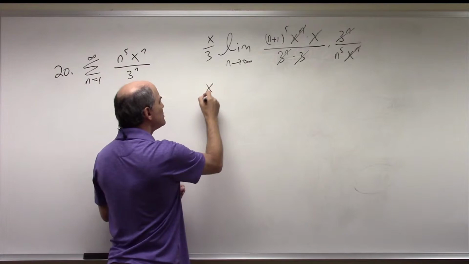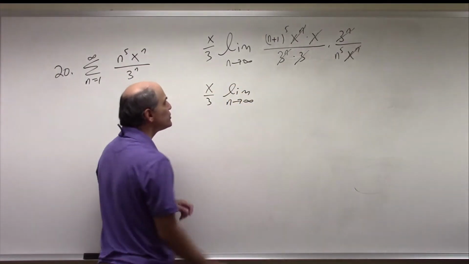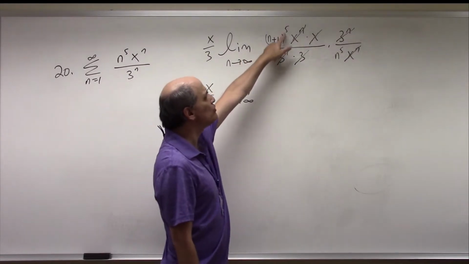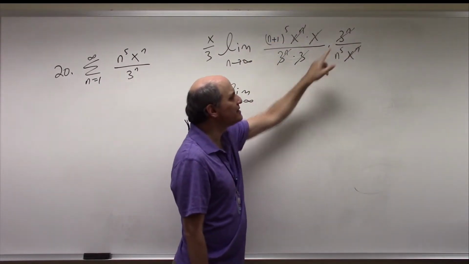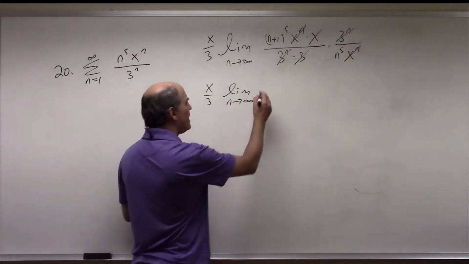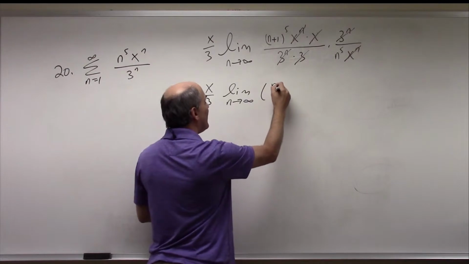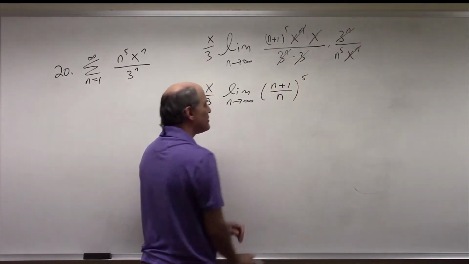I have x over 3 times the limit as n approaches infinity of n plus 1 to the fifth power divided by n to the fifth power. But that's n plus 1 over n, all to the fifth power.